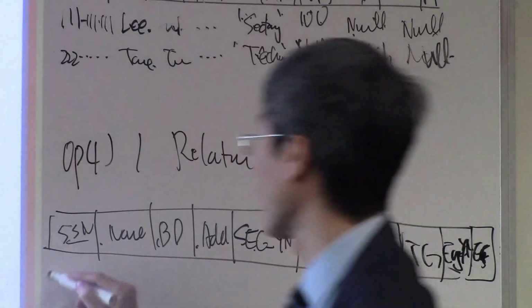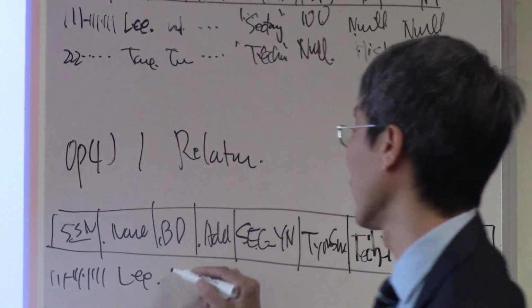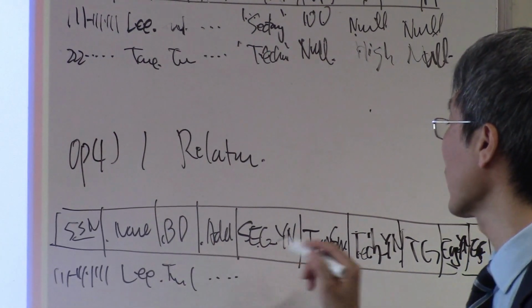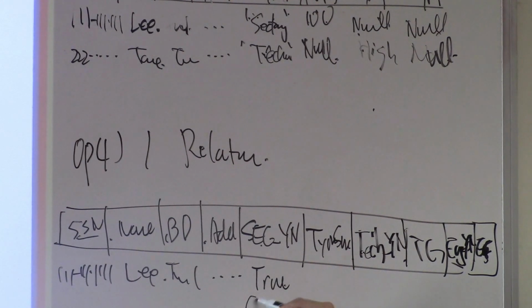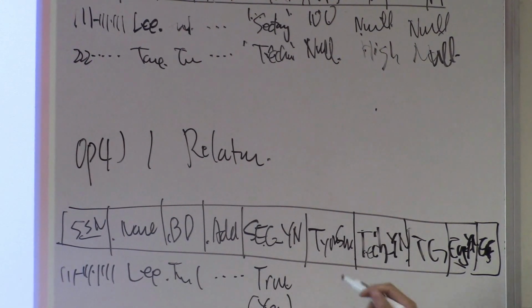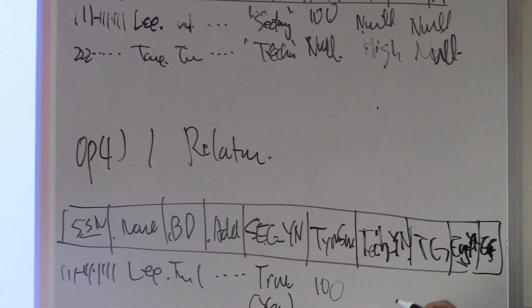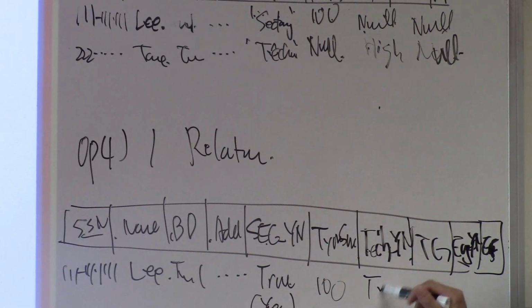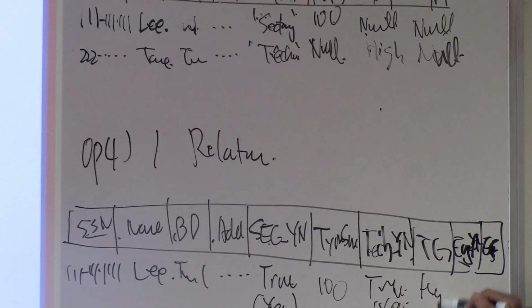For example, 111, lead, and January 1st, address, secretary true, or yes. Typing speed, 100 words per minute. And technician, true, or yes, and high.